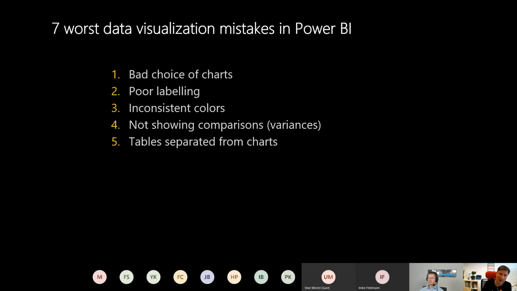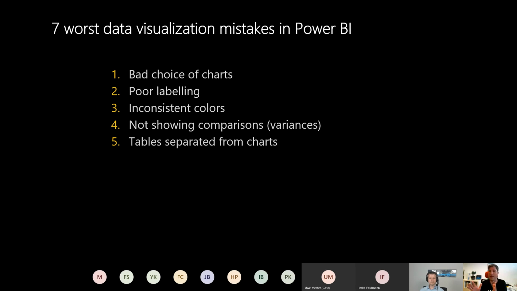Then number five, and this is very, very symptomatic in Power BI: most of the time, I see the tables completely separated from charts, which is a typical situation, I would say, also in other BI tools. It's not really just a problem of Power BI. Of course, it's a general problem of reporting. So you might have a very visual dashboard with just the charts and lots of pie charts and no labels and so on.